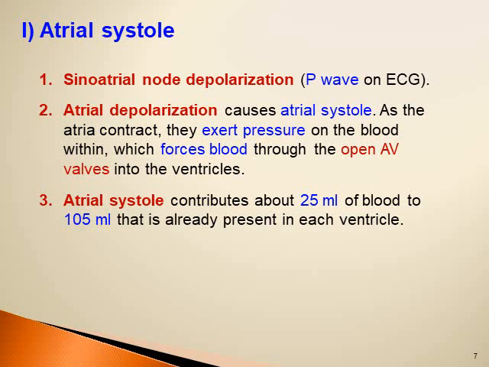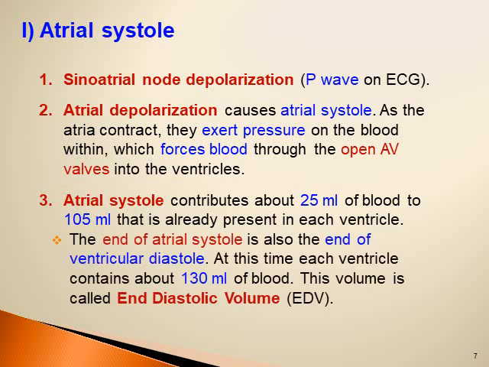So at the end of atrial systole, which is also the end of ventricular diastole, the total volume of blood in the ventricle is 130 ml. Only 25 ml of that blood is contributed by atrial systole. The first 105 milliliters of blood flow from the atria to the ventricle by gravity.